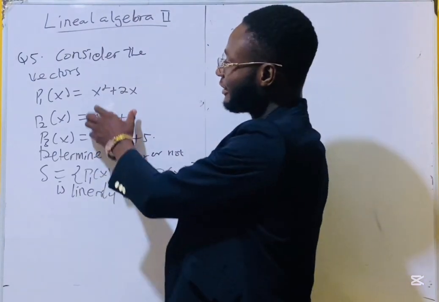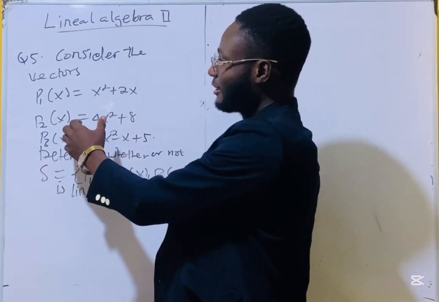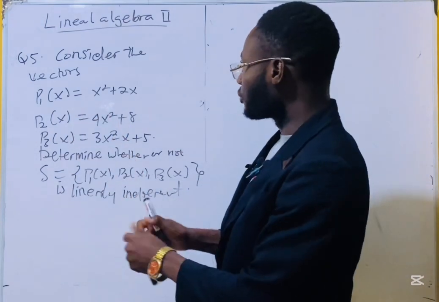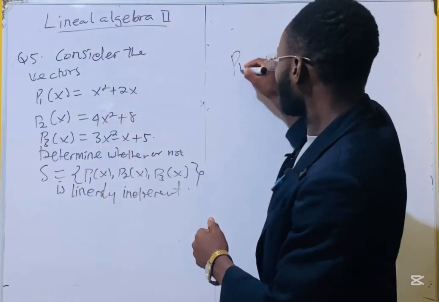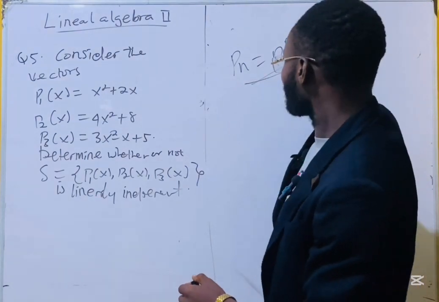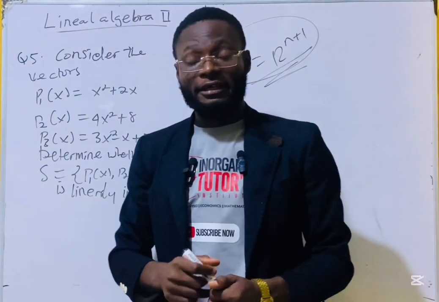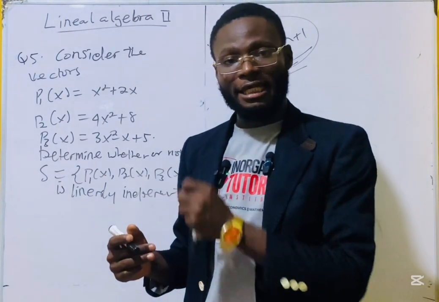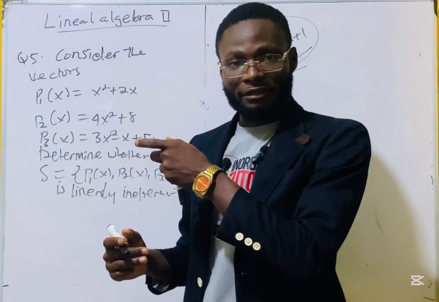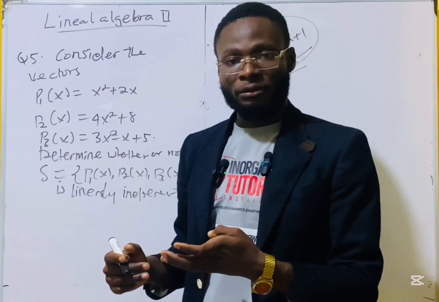Since there are 3 variables, Pn corresponds to R n plus 1, right? So here you're going to have 3 vectors in R3. So you can use the determinant approach, right?